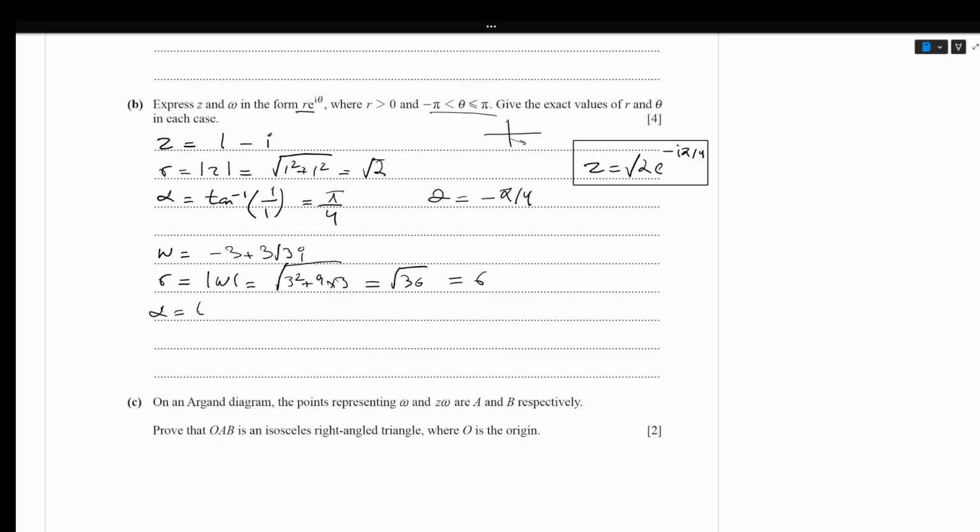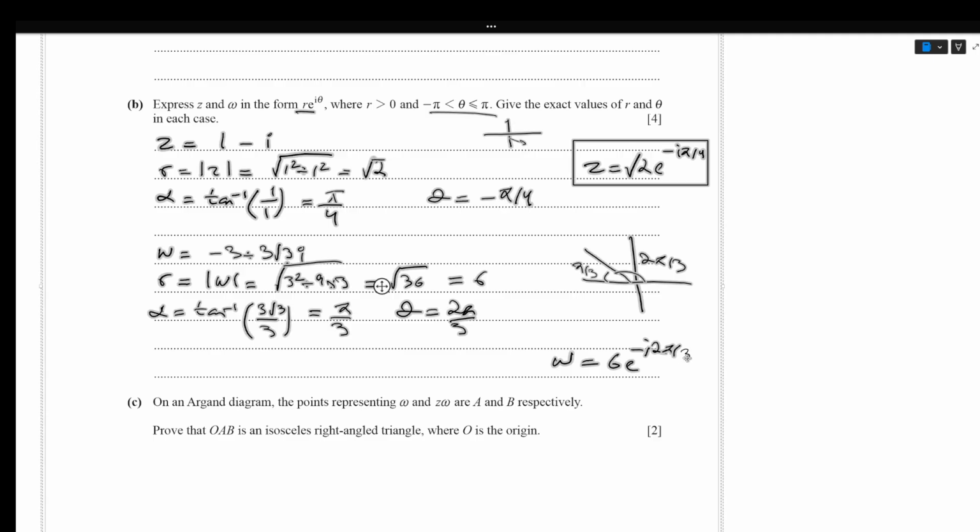And alpha is tan inverse of 3 root 3 over 3. फिलहाल मैं पॉजिटिव ही ले रहा हूँ, which gives me a pi by 3. और अब judging by the quadrant, -3 plus 3 इस quadrant में है. This angle is pi by 3, तो जो थीटा होगा वो 2 pi by 3 होगा. थीटा is 2 pi by 3 and omega is 6e minus I 2 pi by 3.